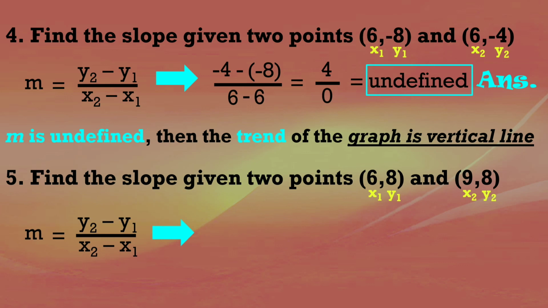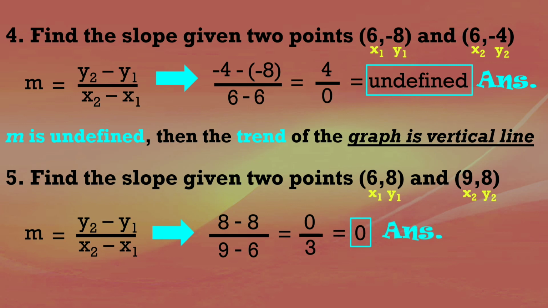Para hindi nagbabaliktad ang inyong mga numbers sa formula. So, i-substitute na natin. So, 8 minus 8 over 9 minus 6. Then, solve na natin. So, 8 minus 8 is equals to 0. 9 minus 6 equals 3. So, 0 divided by 3 is equals to 0.